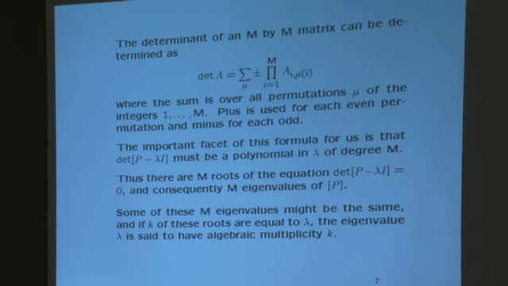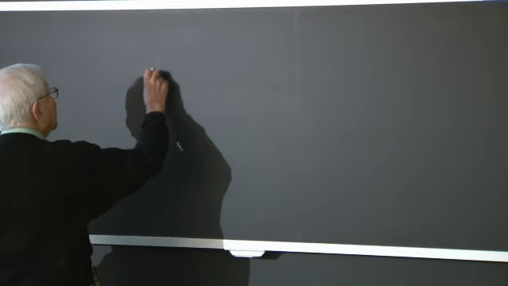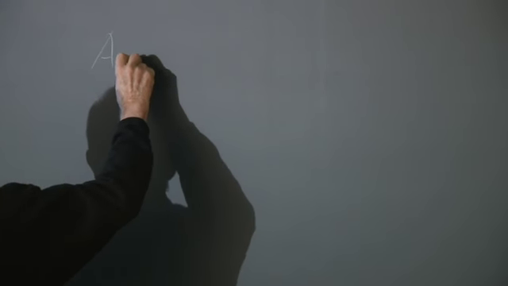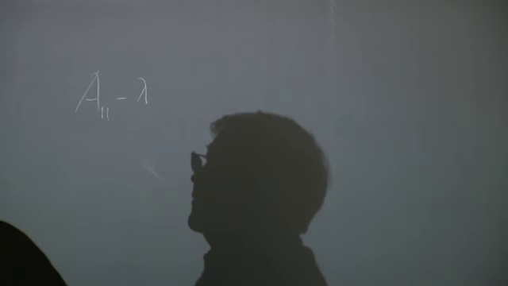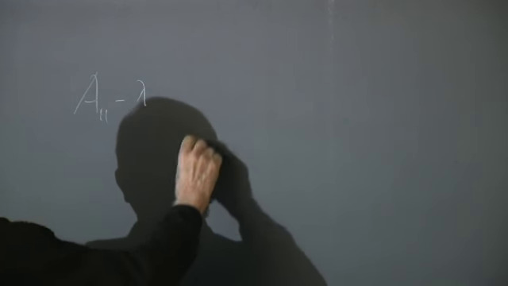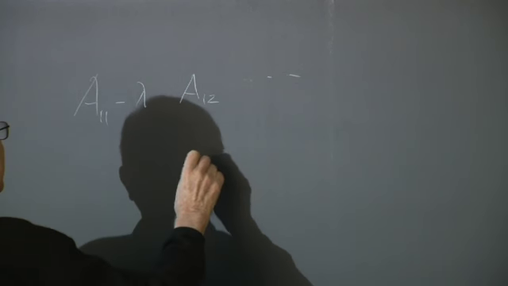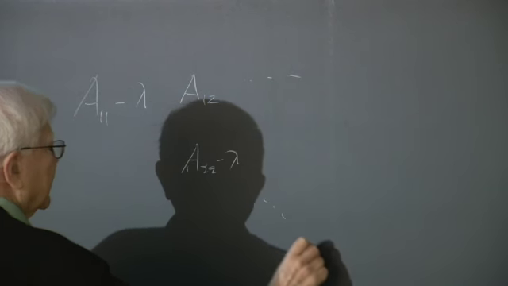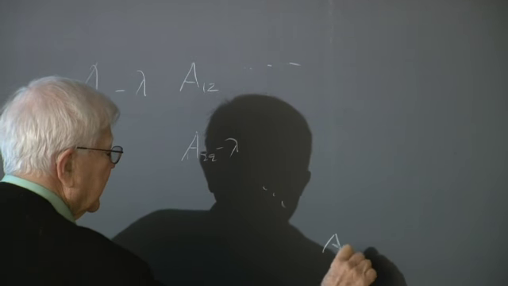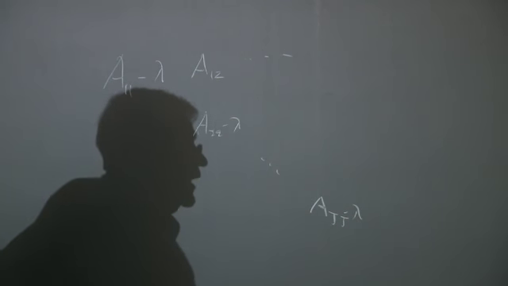Well, you look at the matrix for that, and you get A11 minus lambda, A12, then A22 minus lambda, down to Ajj minus lambda, and none of the other elements have lambda in them.